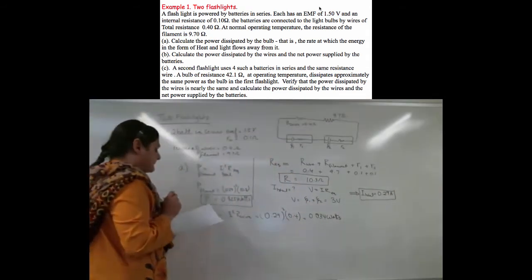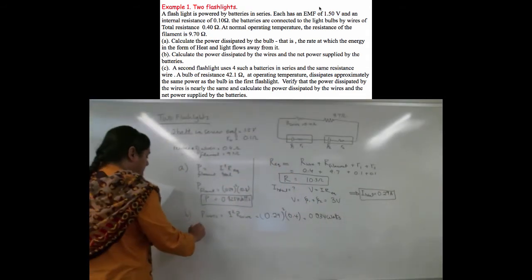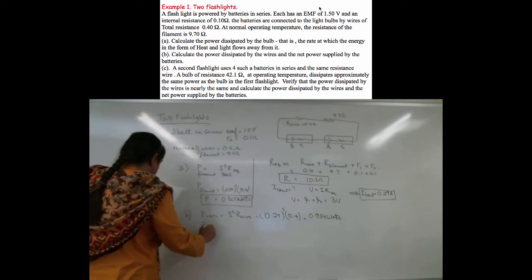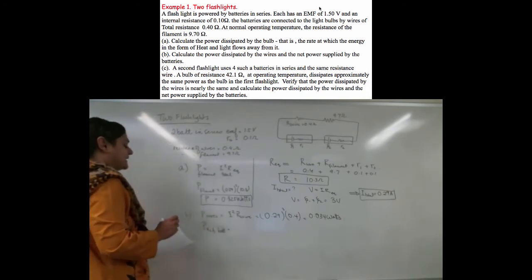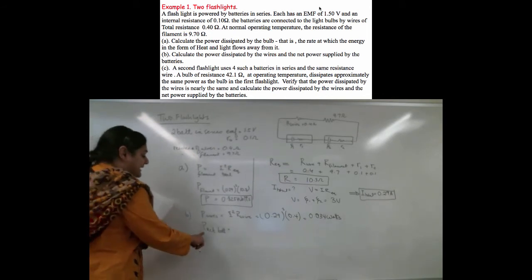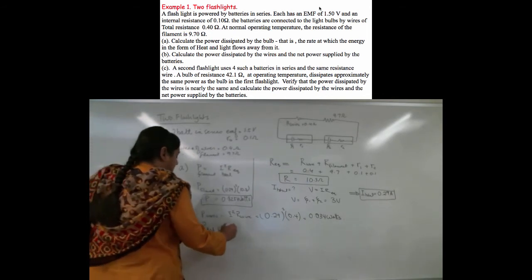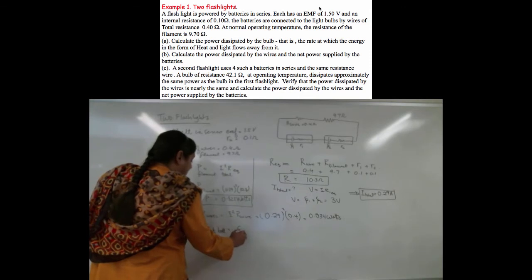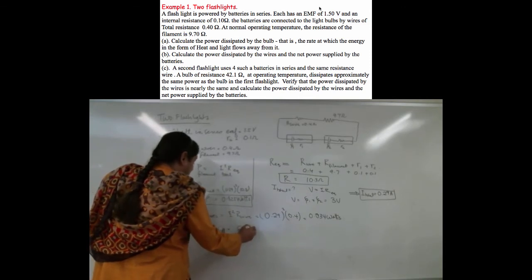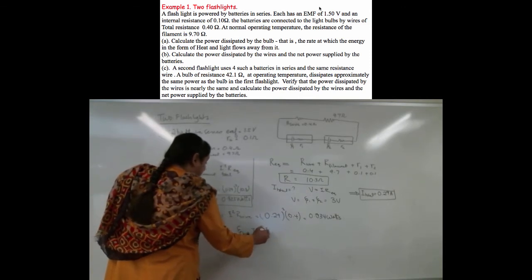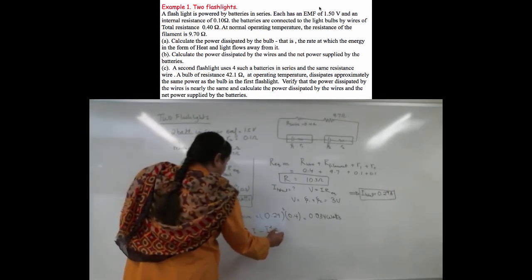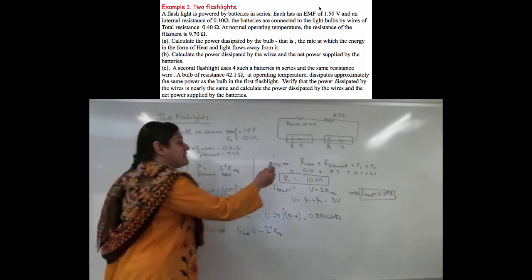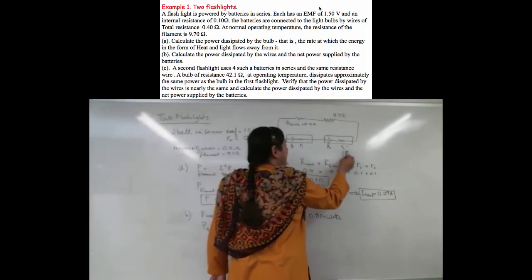Okay? And it also asks me for what is the net power supplied by the batteries. How do I find that? That one is interesting because the net power supplied by the battery is E of the battery times I total minus I squared R, which is R equivalent of these two little guys, right?